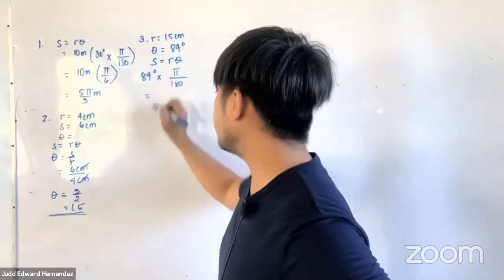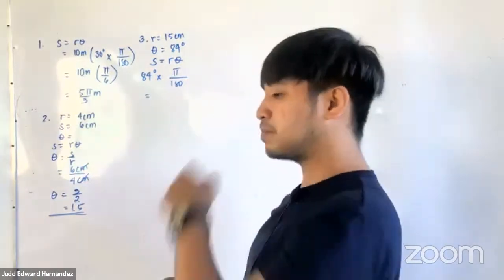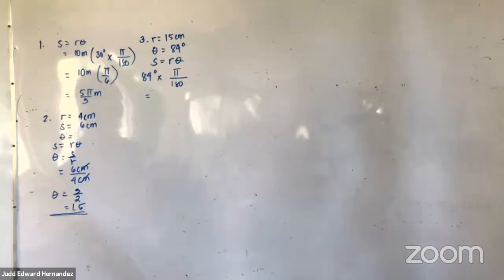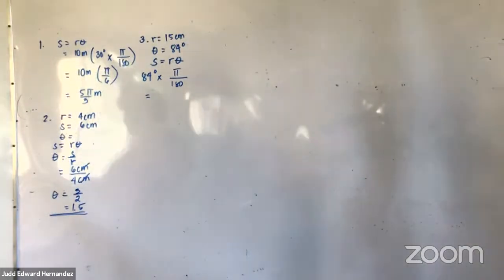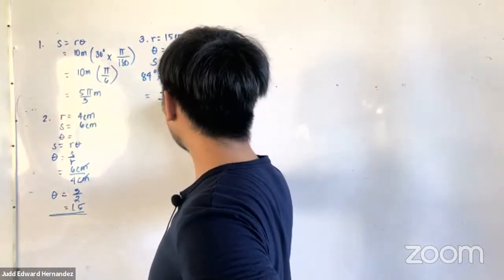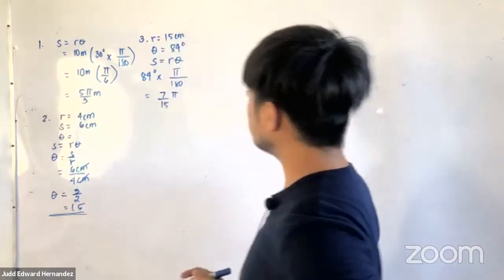Okay. And what is the value of 84 times pi over 180? Let's try to check. That becomes 7 over 15. Tama po ba? So that is 7 over 15 pi. Okay.